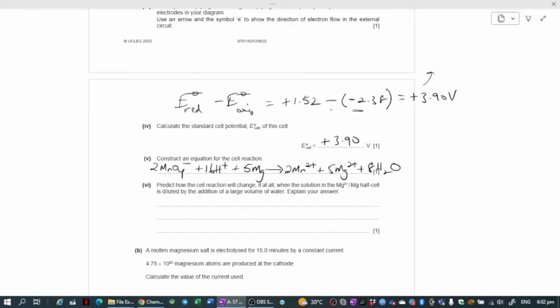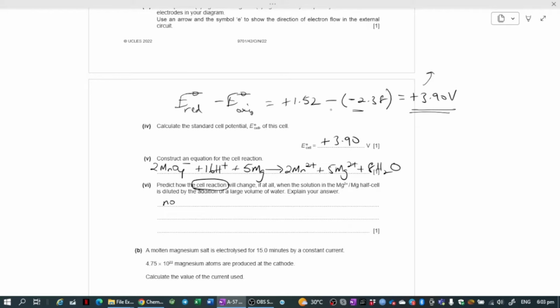Now notice what the question asks for. The question asks about the cell reaction. Does the cell reaction change? The answer is no, and we just explained why. The cell reaction itself will not change. The cell potential will get more positive, but that simply means the reaction becomes more and more feasible. So the reaction as is will continue to occur.